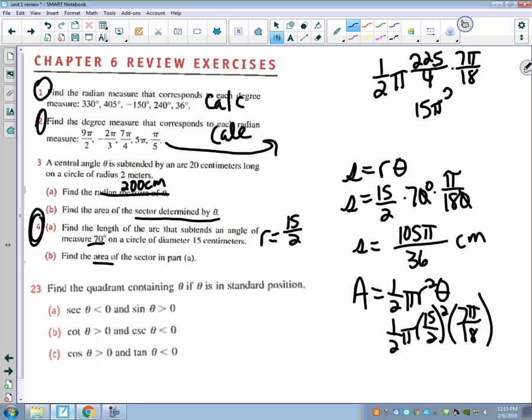Because I have 1/2 pi r squared theta, and theta is also in radians. So 1575 pi squared over 2 times 4 times 18, which is 144.